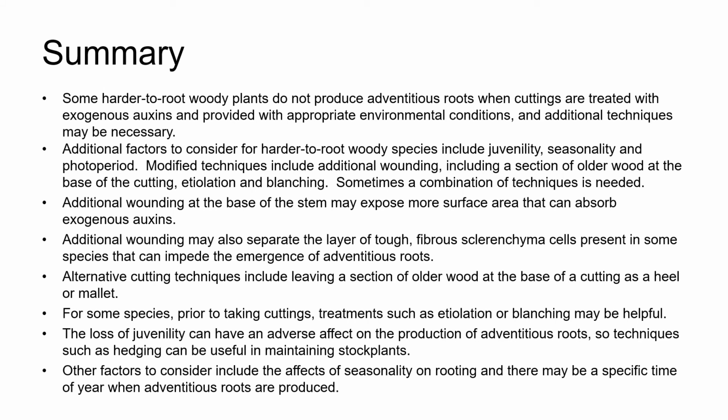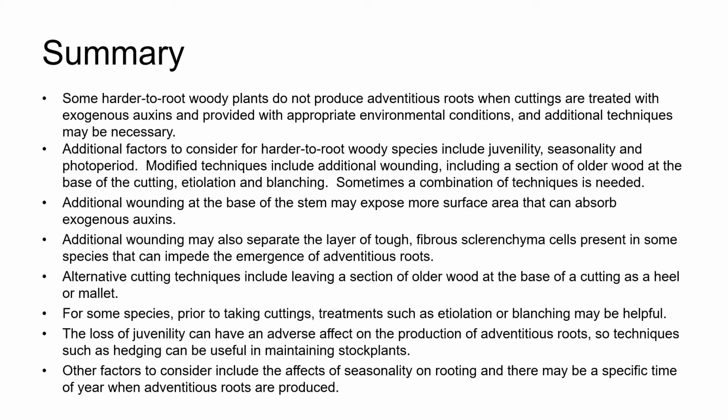Let's finish now by summarizing, as we always do, the material covered in this unit. Some harder to root woody plants don't produce adventitious roots when cuttings are treated with exogenous auxins and provided with appropriate environmental conditions, and we may need to try out additional techniques.